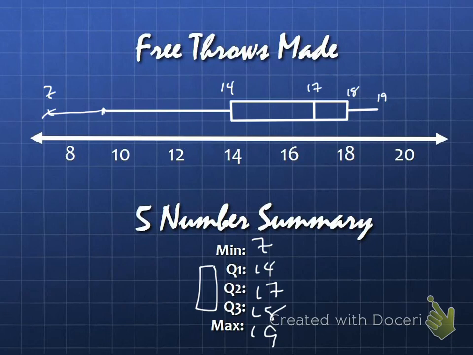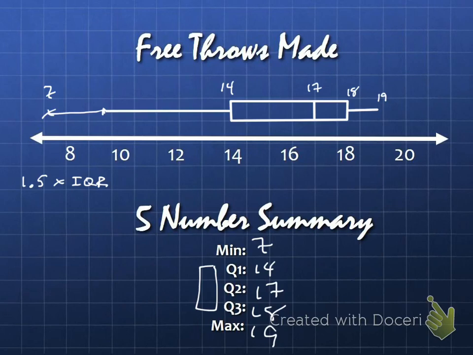So, is 7 an outlier? Well, to determine your outlier, there's what's called a 1.5 times IQR rule. What you want to know is whether your minimum and maximum values are farther away from your middle 50% than 1.5 times the IQR, the interquartile range.